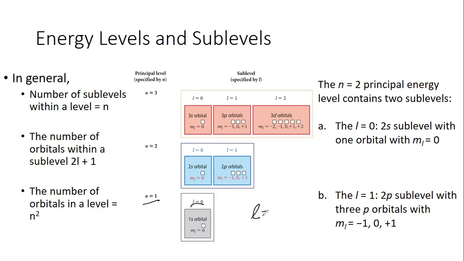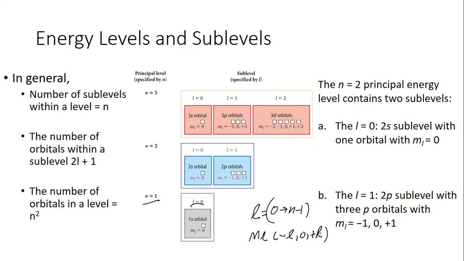Remember, L goes from 0 to n minus 1, right? And if we have L equals 0, then we only have one m sub L, which is 0. Remember, m sub L goes from negative L, 0 to plus L, right?